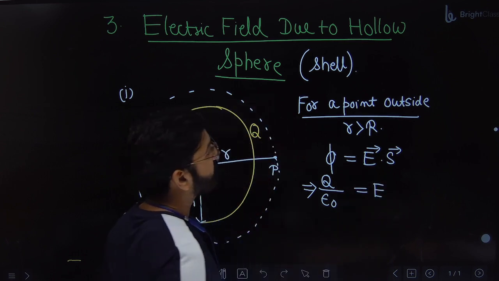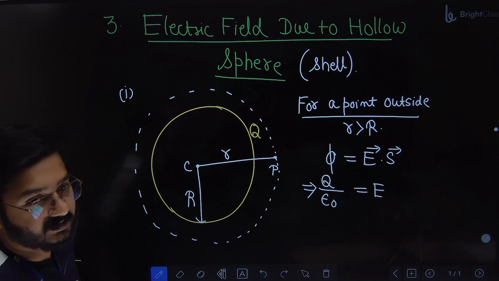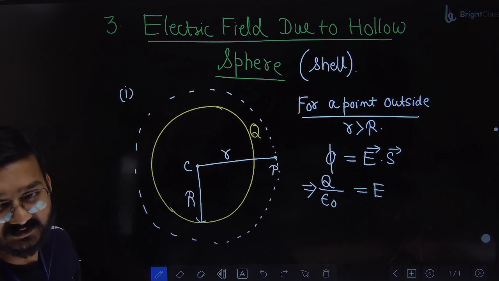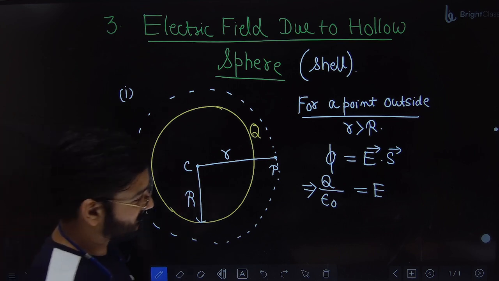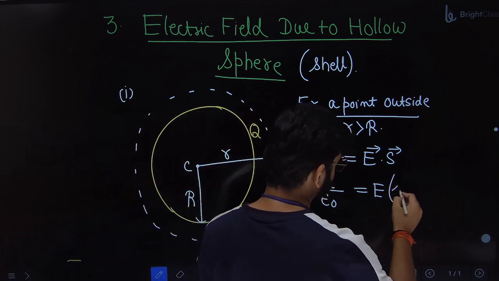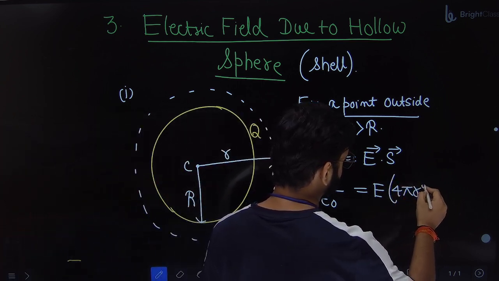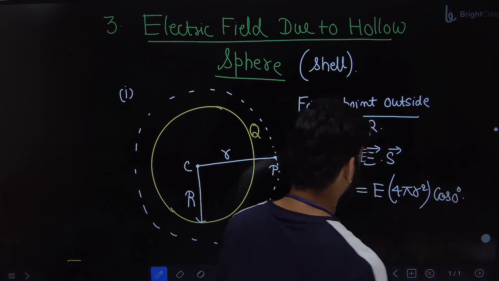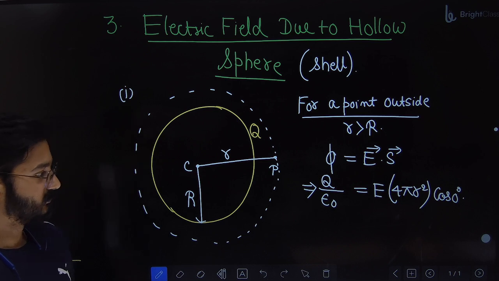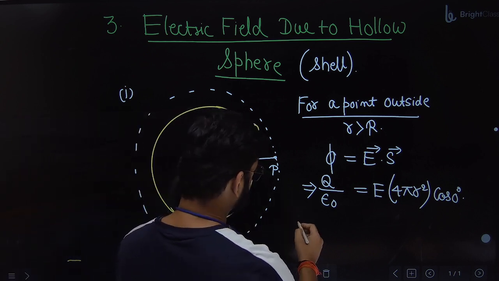Now, electric field. What is the area of a sphere? Surface area. Pi r square? 4 pi r square. The surface area will be 4 pi r square and the angle will be 0. So now it is solved. So what will be electric field?